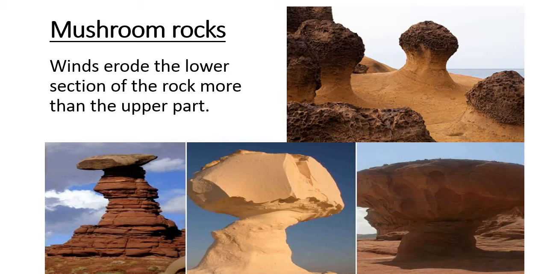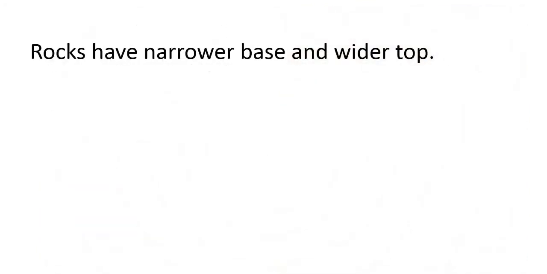It means the lower part of the rock has soft rock and the upper part has hard rock. So the soft part is eroded very quickly, the lower part is eroded very quickly compared to the upper part, and it seems like the shape of a mushroom, and that is why this is called the mushroom rock.